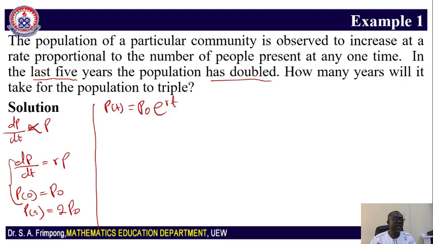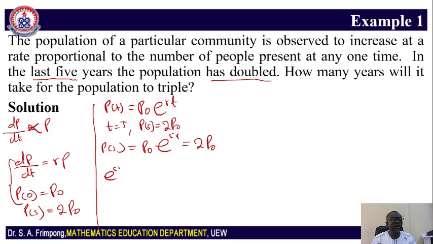We have been told that after 5 years, when t is equal to 5, the P(5) becomes 2 times the initial population. So we can say P(5) equals P naught e raised to the power 5R is equal to 2P naught. So solving this, the P naught cancels, we just have e raised to the power 5R equal to 2, and taking the ln of both sides, we're going to have 5R equals ln 2.